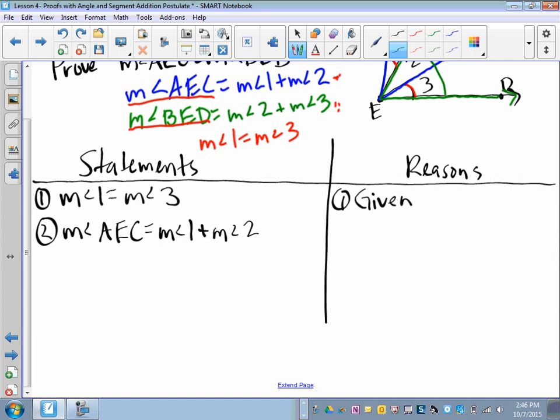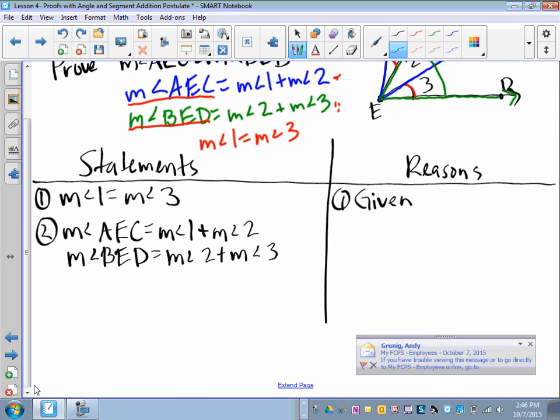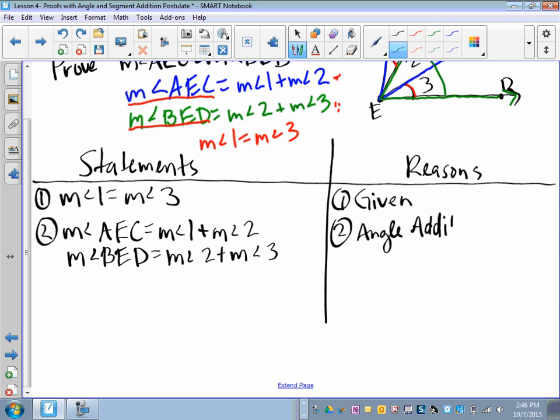Likewise, by angle addition postulate, the measure of angle BED is equal to the measure of angle 2 plus the measure of angle 3. And that is my angle addition postulate. And I use that for both pieces.